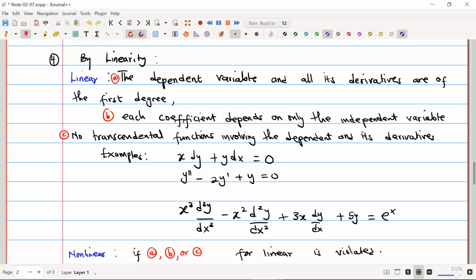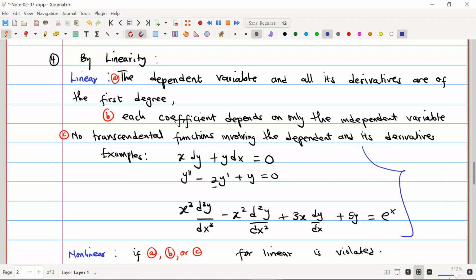Now each coefficient depends on only the independent variable. What we mean by that is, if you look at these 3 examples, you realize the coefficient here is 2, right?